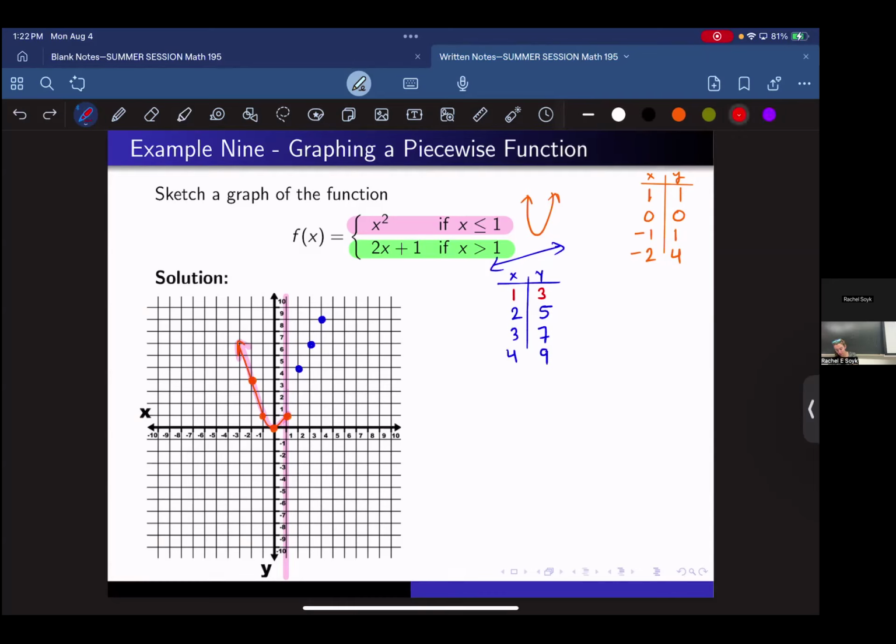Because we want to represent all numbers between 1 and 2 as well. You can only get that if you plotted that red point. And that's it. This is our piecewise function. Any questions on that? Maybe I'll put the divide between the two as a different color.